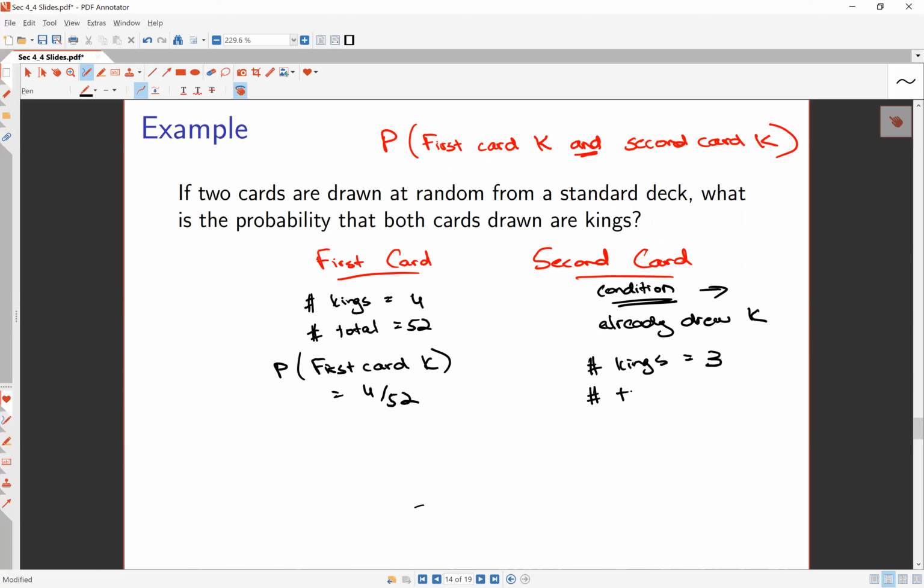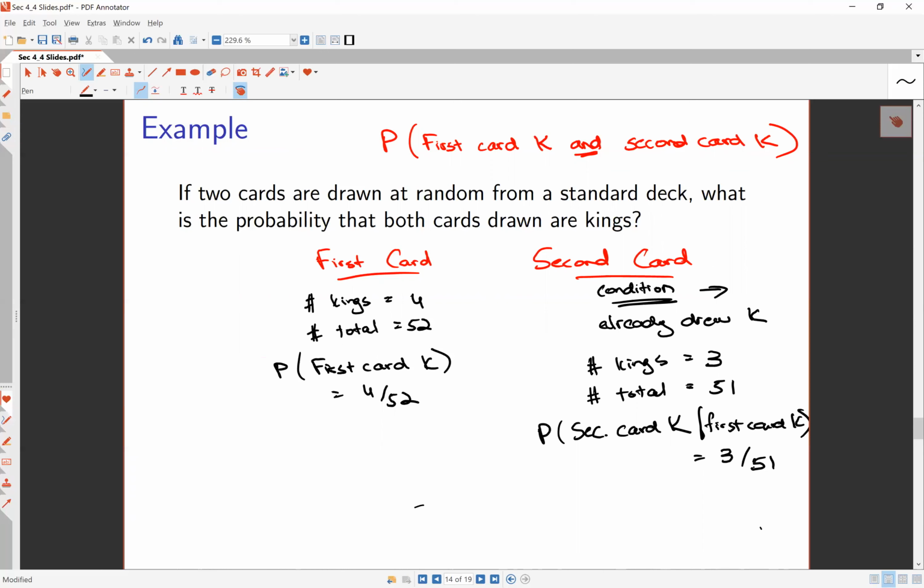And how many cards are there in total to draw from? 51, because that king that I drew was removed from the deck. So the probability that the second card is a king, given or conditional on the first card being a king, is 3 over 51.